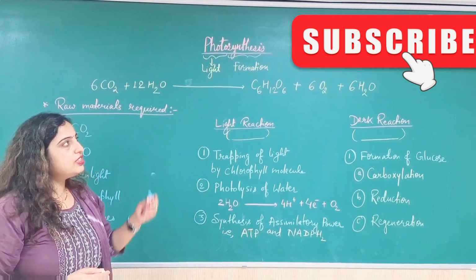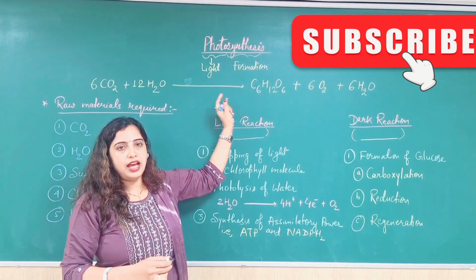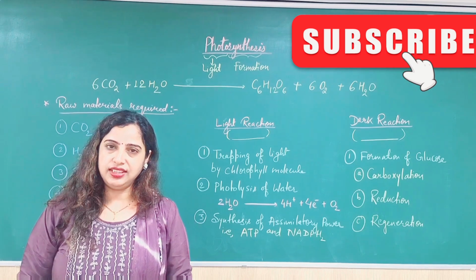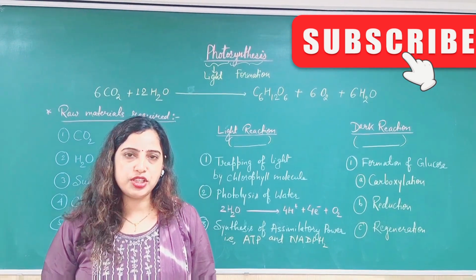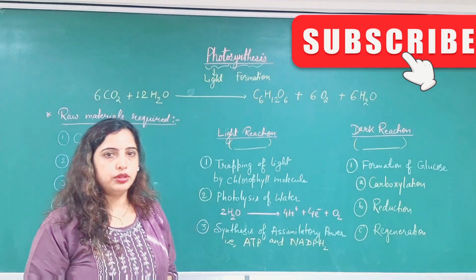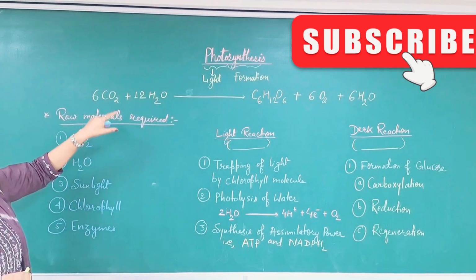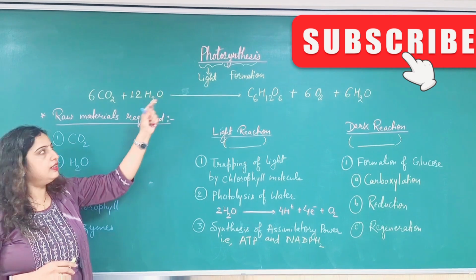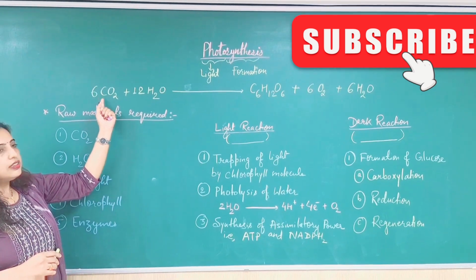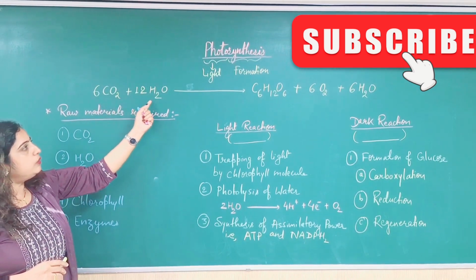The plants, which are called autotrophs, have their own kitchen, and they utilize sunlight as an energy source to prepare their food.